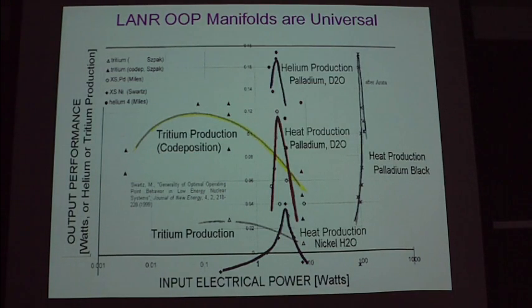Not if you look at it along the input power axis. If you look at cold fusion along the input power axis, you find there are many regions where you get low output, that is, it doesn't work, but you find the regions where it does work. And here you find that the helium production and the excess energy that you see are commensurate. You also find that there may be two different reactions that we can control. It may be that the tritium production is separate from the helium-4 production.